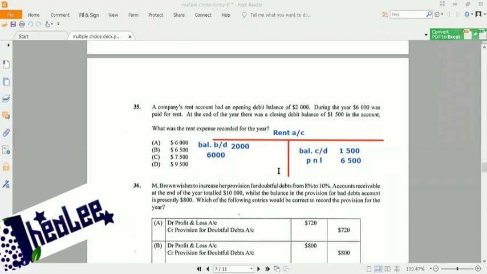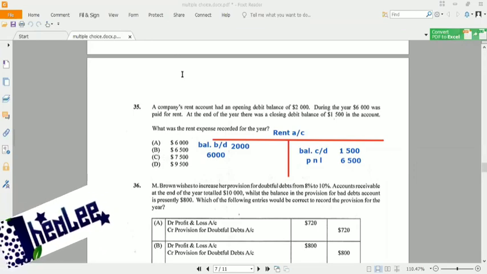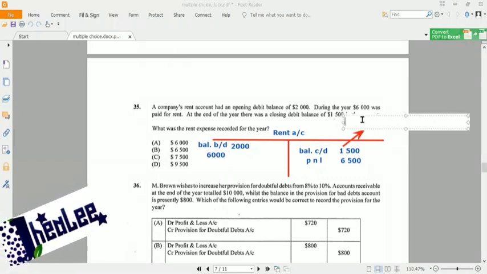And you know what knowledge this brings out? Your adjustment knowledge, accruals and prepayment, right? So before I go any further, this balance carried down at the end of the period would represent prepaid CD.